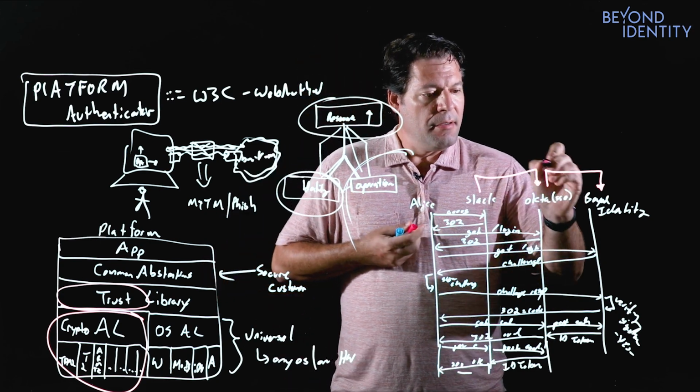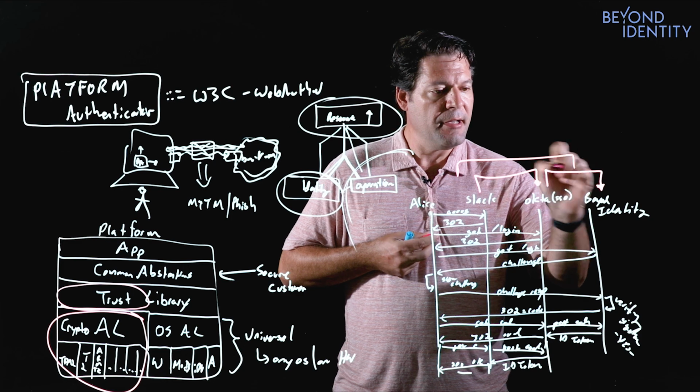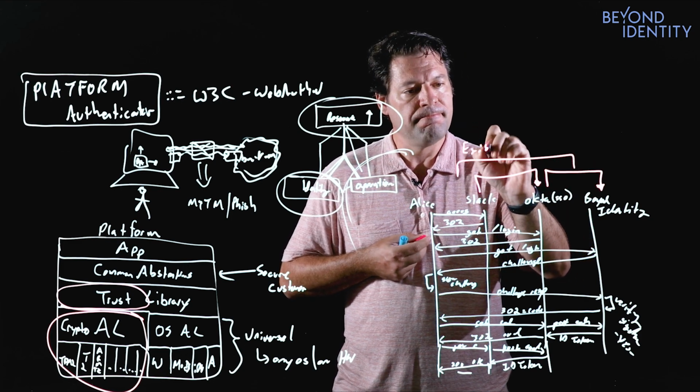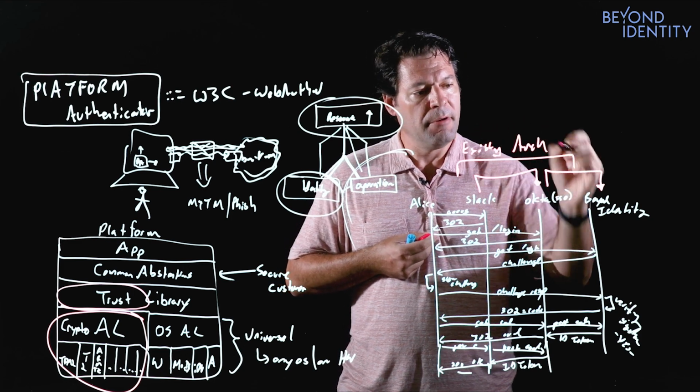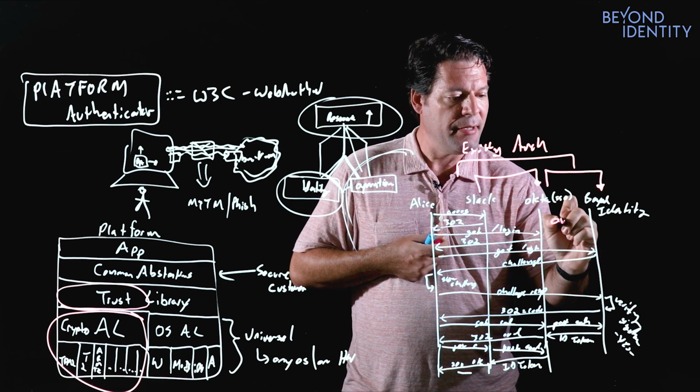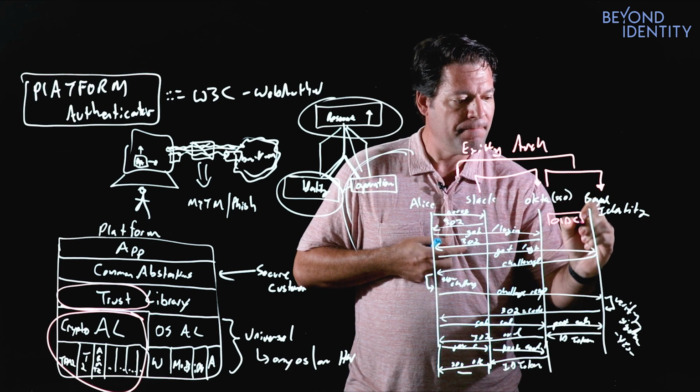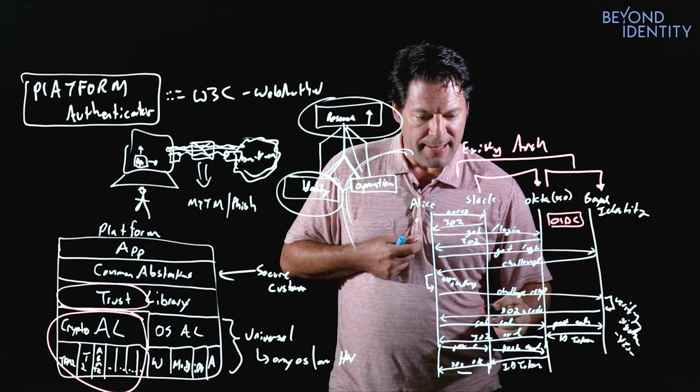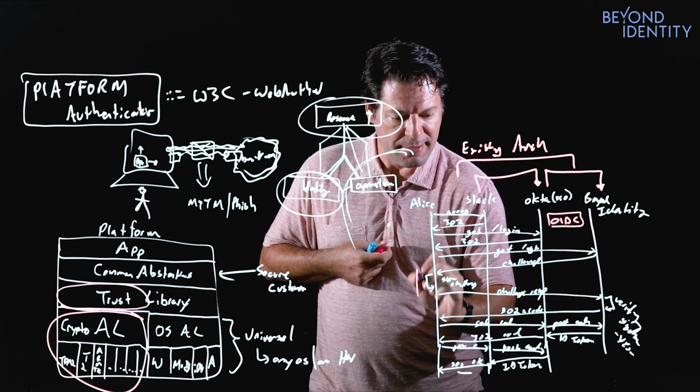So, a couple interesting things to point out here. We plugged into an existing enterprise architecture. We plugged into that existing enterprise architecture using OIDC. We authenticated Alice, really right here.